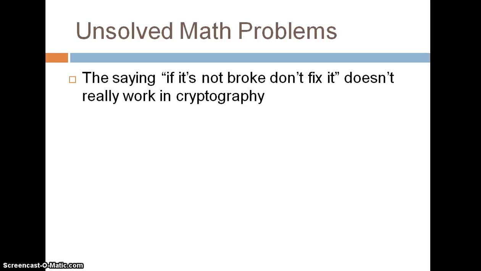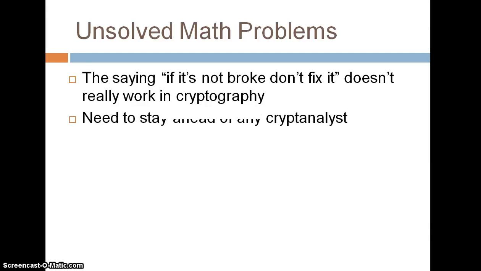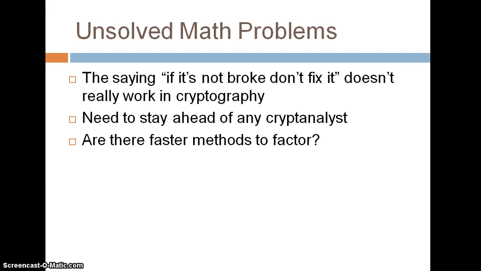So in cryptography, the saying, if it's not broke, don't fix it, doesn't really apply, because you want to stay ahead of the cryptanalysts. So people are trying to find ways to break the RSA scheme. So are there faster methods to factor? If there are, I would want to find them first before somebody else finds them, or prove that there aren't any.